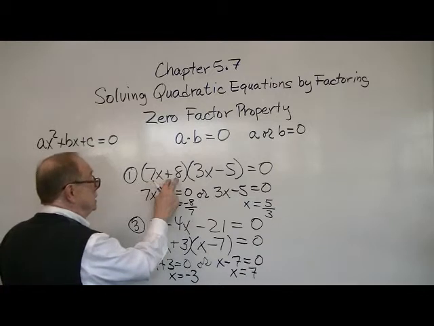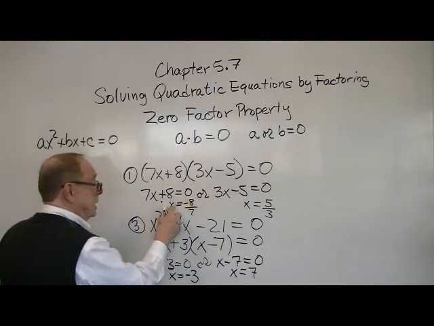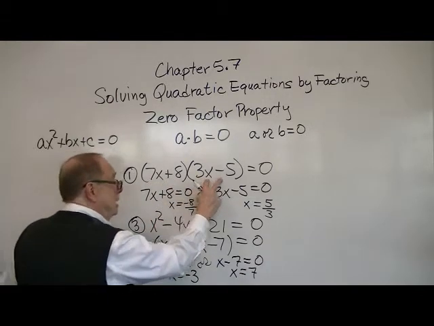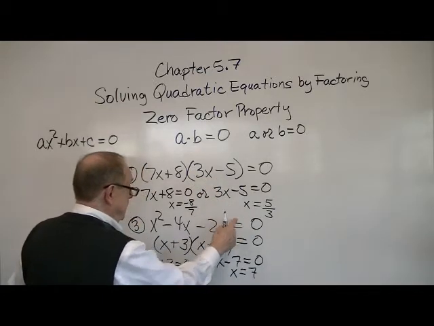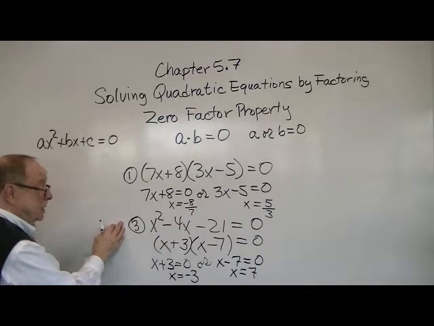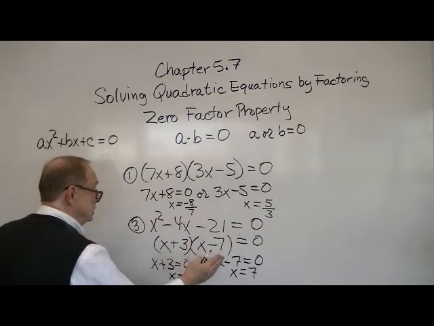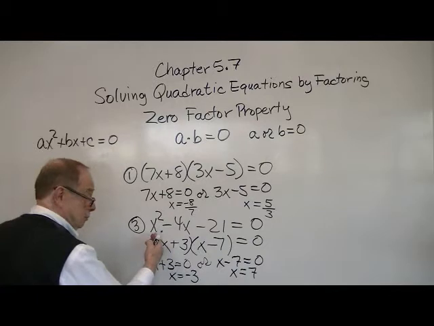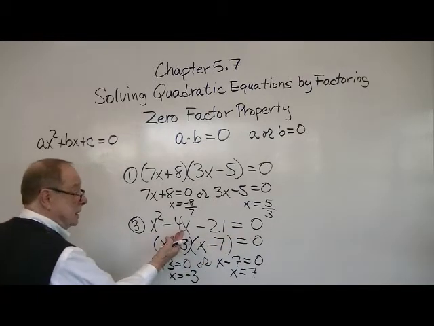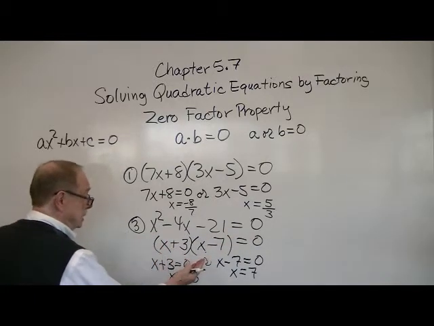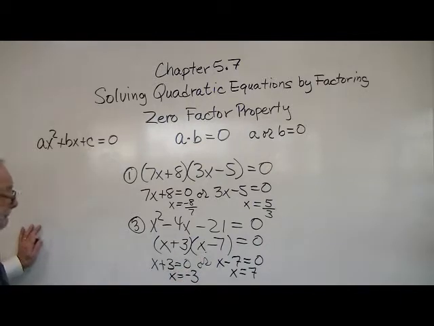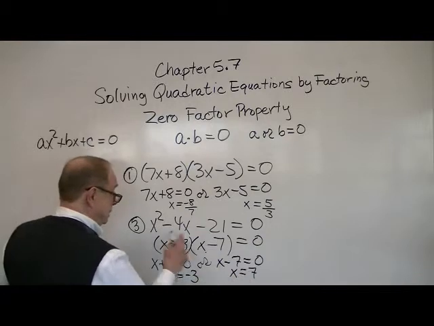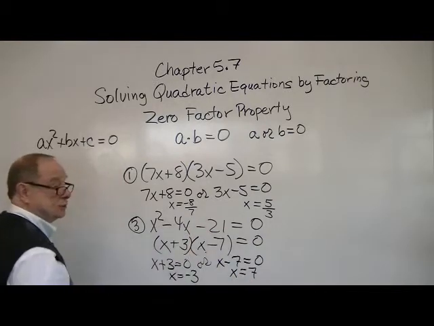Well, we equal this factor to 0, and then we solve. We equal this factor to 0, and we solve. And in most cases, you're going to get a quadratic equation where you have to put it in standard form. This one is, factor it, and then get your solutions. Okay? And by the way, if you put these into the equation, it makes it a true statement.